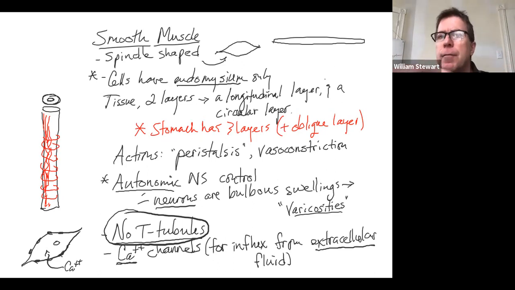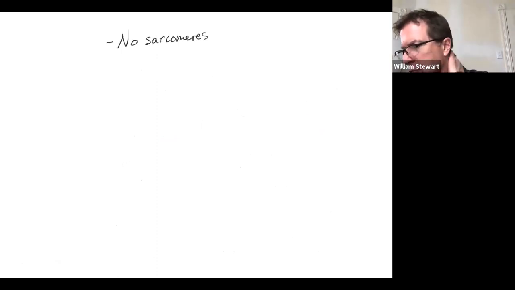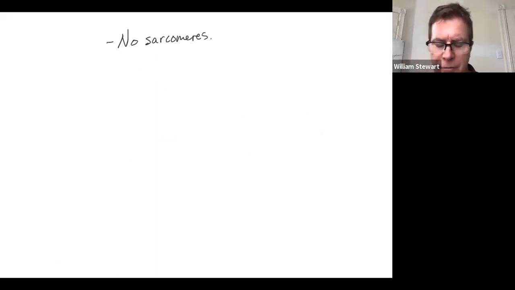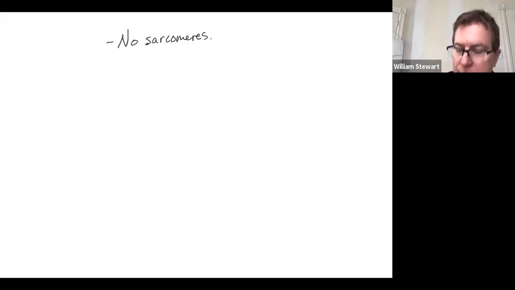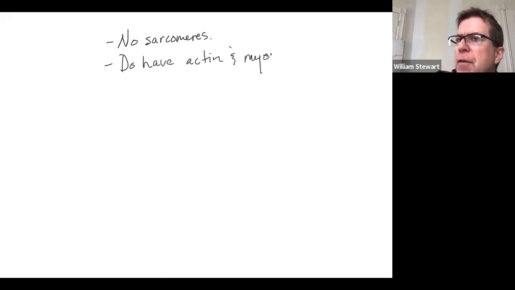Let's keep going. In smooth muscle, there are no sarcomeres. There are no contractile units of myofilament arrangement. There is myosin and actin. They do have actin and myosin, but they're arranged a little bit differently.